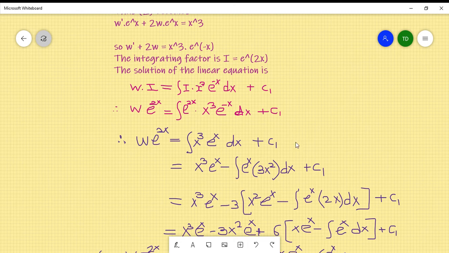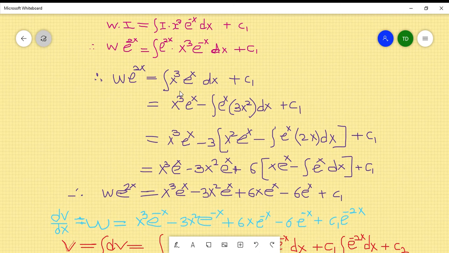Thus we are getting w e^(2x) = ∫ x³ e^x dx + c1. So we have to go by parts. x³ being the algebraic function is given first preference, and e^x is always given the last preference.